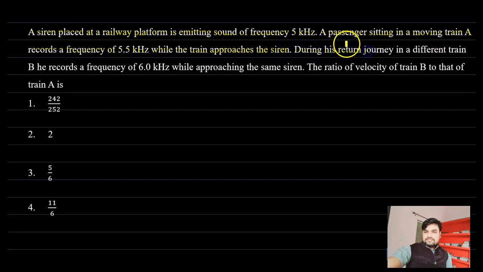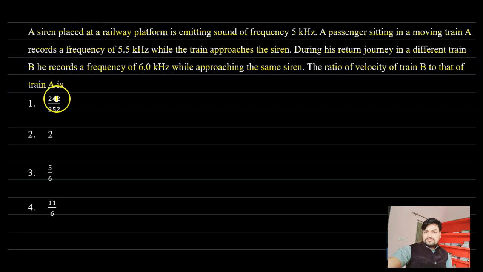During his return journey in a different train B, he records a frequency of 6 kHz while approaching the same siren. The ratio of velocity of train B to that of train A is.